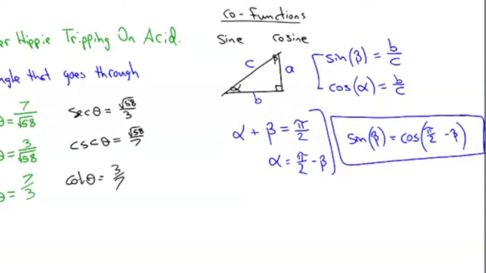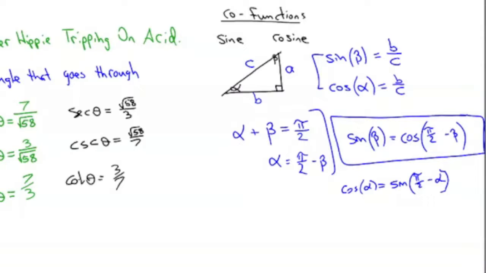How do you know whether to use cosine or sine? It doesn't matter. If I wrote cosine of alpha here, this would equal sine of pi over 2 minus alpha. Why can't it be cosine of pi over 2 minus beta? Okay. Oh, I get it. If it started with alpha on this side, it would have alpha on this side.